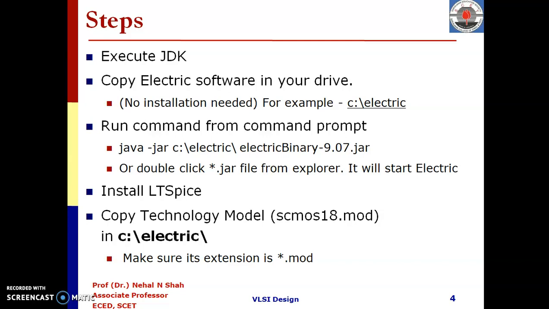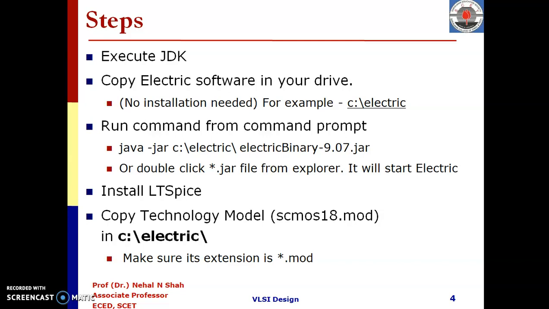So first of all, you need to execute JDK. You can simply copy electric software in your C:\electric. You can install LT-Spice and you can copy technology model file into your electric folder.